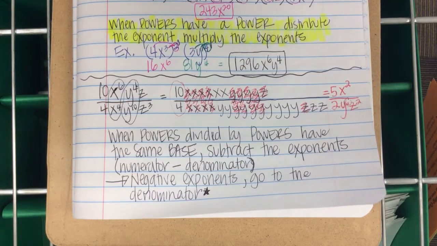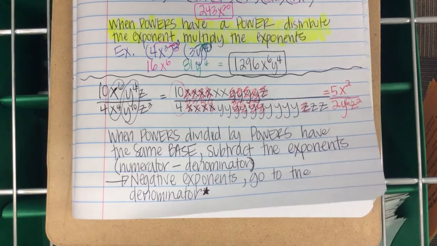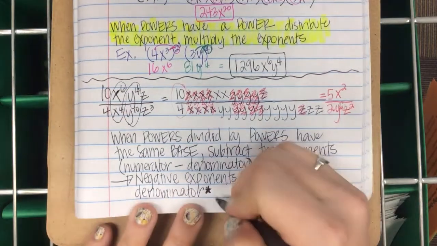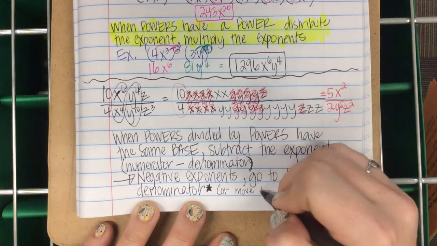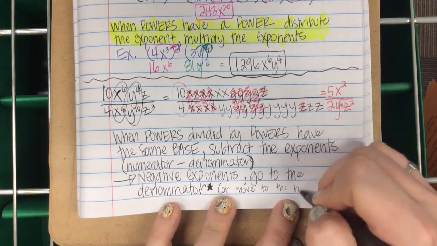Because what if there's a negative exponent in the denominator? It's going to go to the numerator. Most of the time, though, negative exponents go to the denominator. Little star. Or move to the numerator.